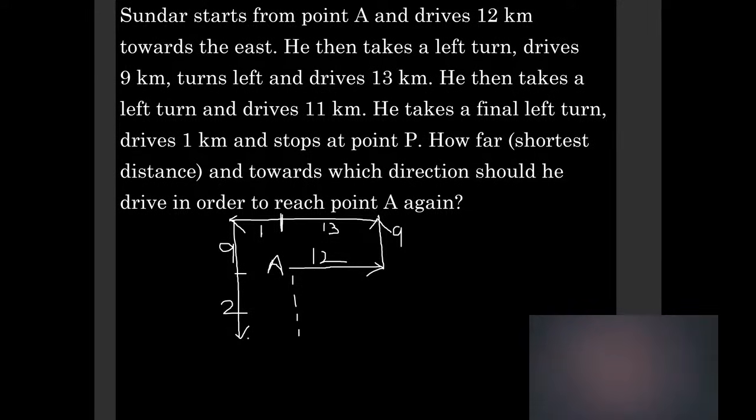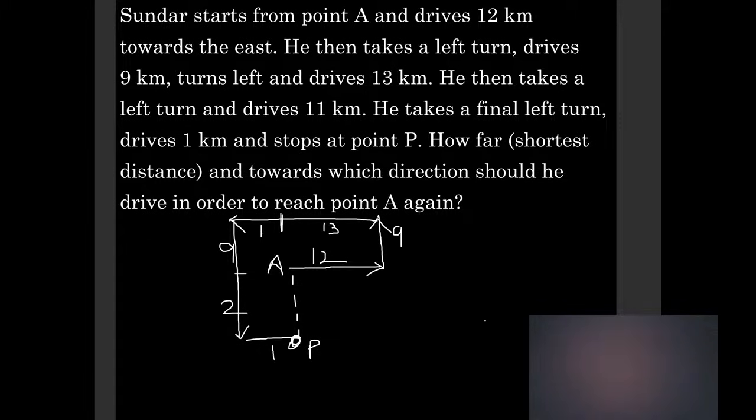So he drives 1, and he stops at this point, exactly below that A. Now our question is, and stops at point P. So this is point P.